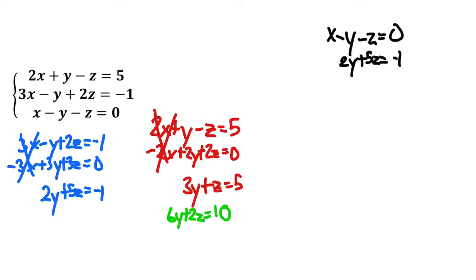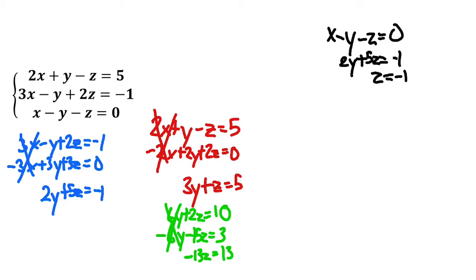And I'm going to multiply the bottom equation by negative 3, so that's negative 6y minus 15z equals, in this case, 3. These cancel out. Negative 13z equals 13, which tells me that z equals negative 1.